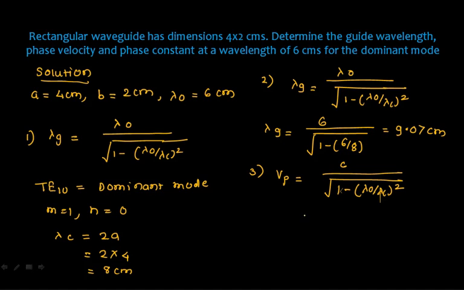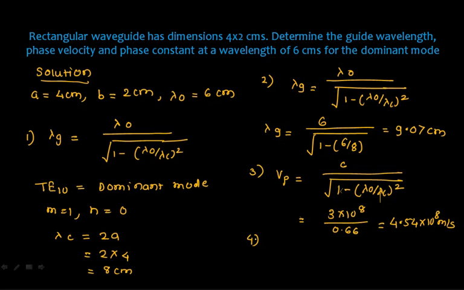So what you get here is 3 into 10 raised to 8 divided by 0.66, which comes to 4.54 into 10 raised to 8 meters per second. So this is the phase velocity. And the fourth thing we are going to calculate: in another way also you can calculate this phase velocity, that is omega by beta.